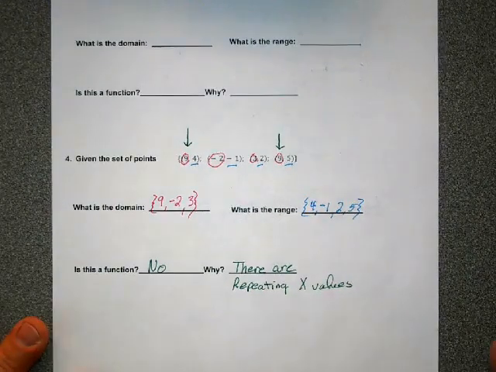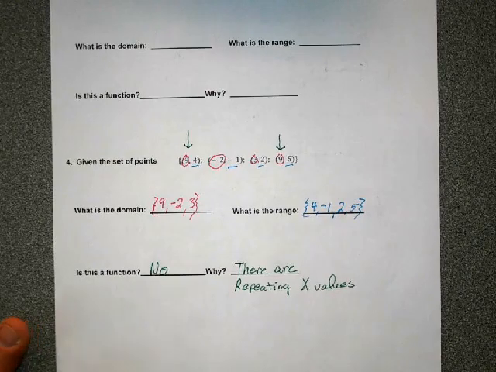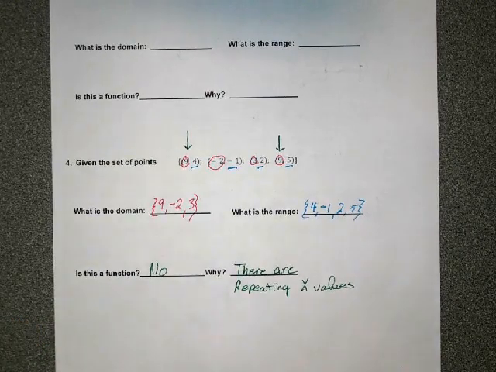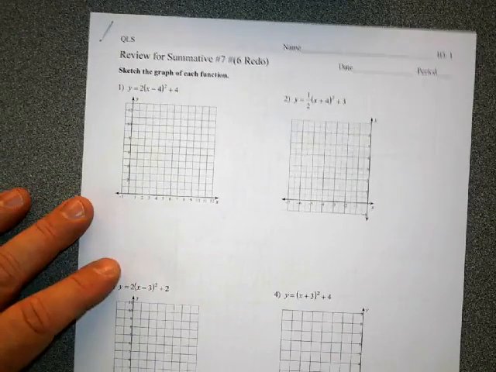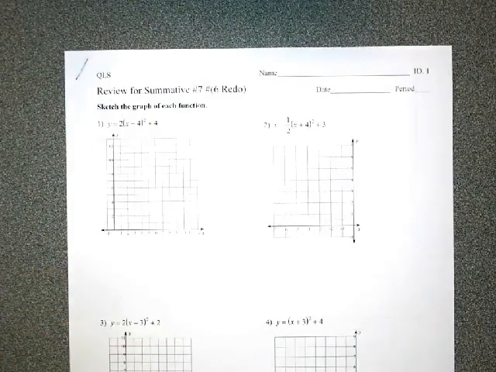Now, let's go to your other sheet. Oh, sorry. You guys good? All right, let's go to your other sheet. Let's do graphing some functions. And I'm going to do one of each. Okay, vertex form is actually the easier one.